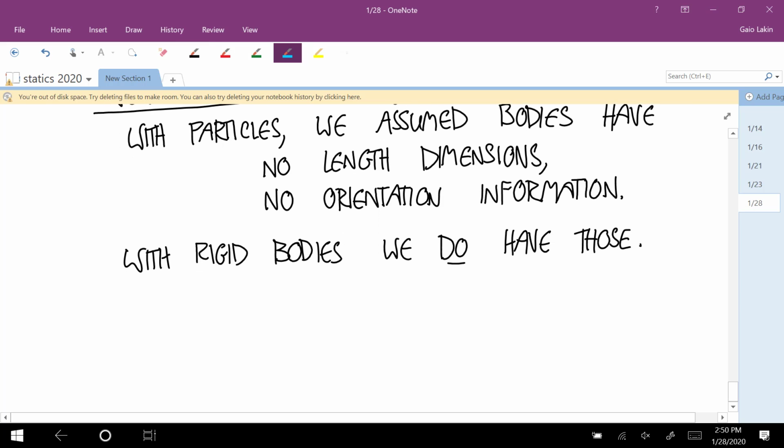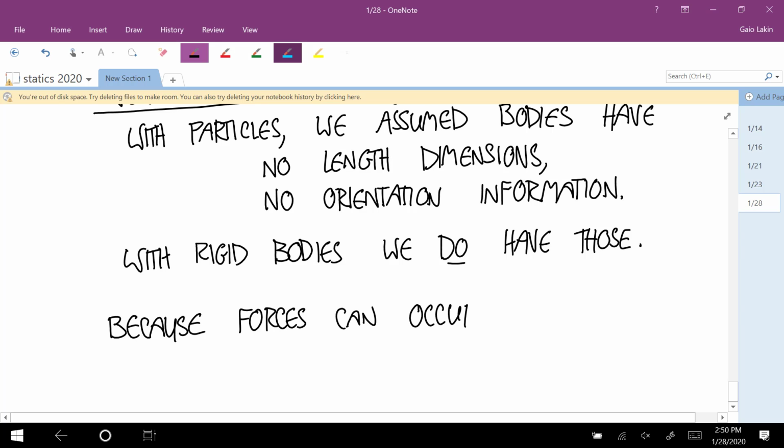And because now forces can be applied at different points, we have to introduce the idea of a moment.